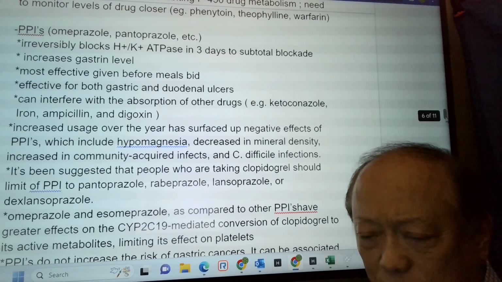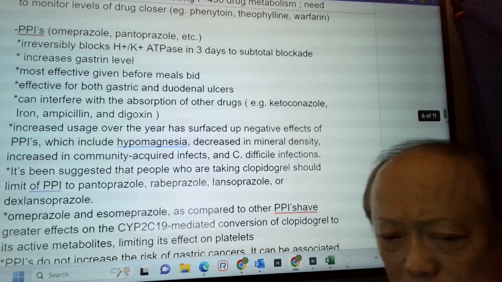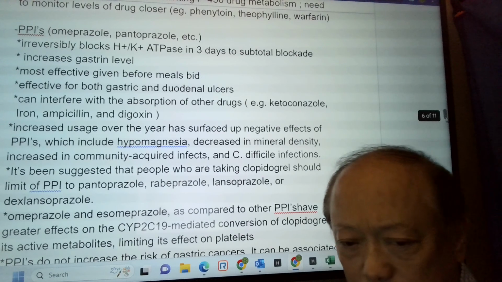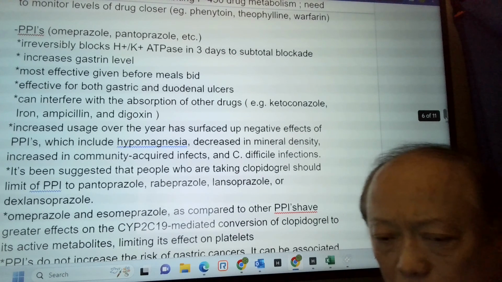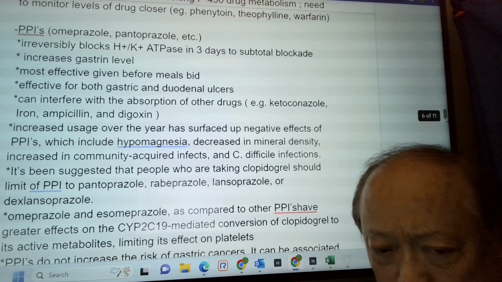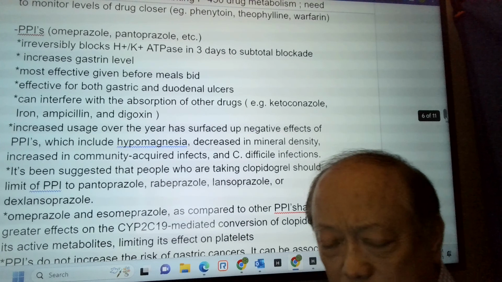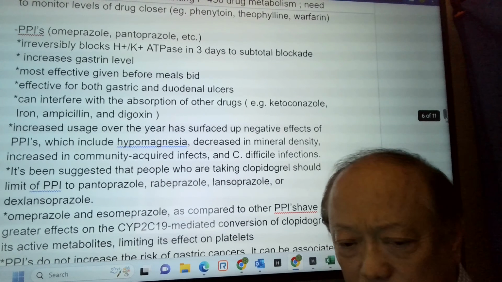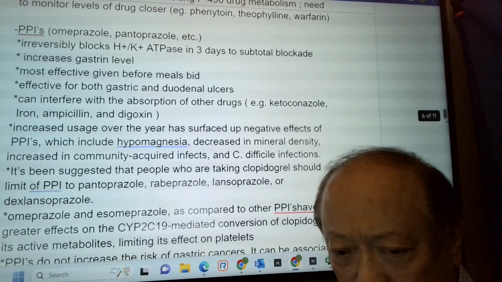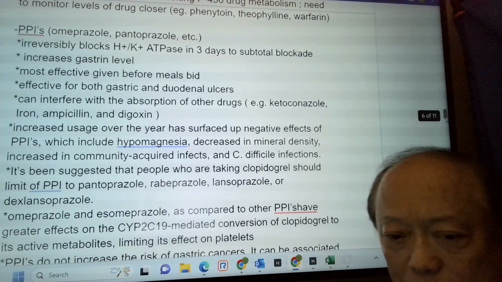So it's one of those things you just have to remember. What clinical relevance is CYP2C19? That's just one of those things you just have to remember, see it once, and there may be questions on this.